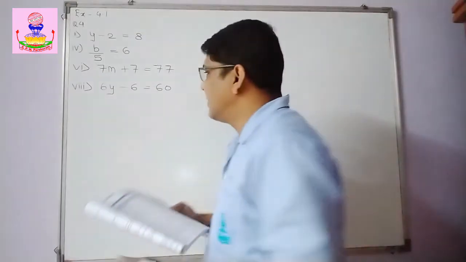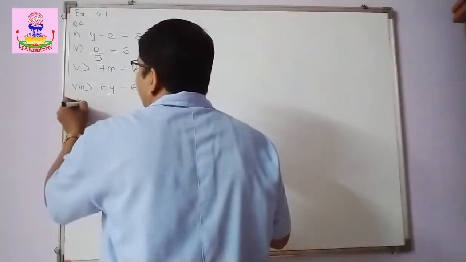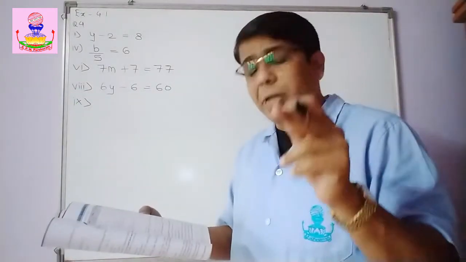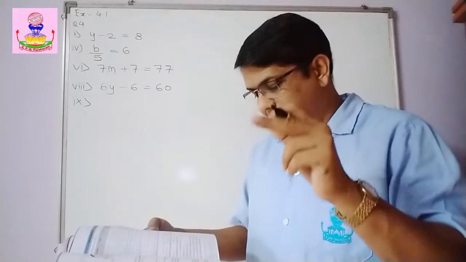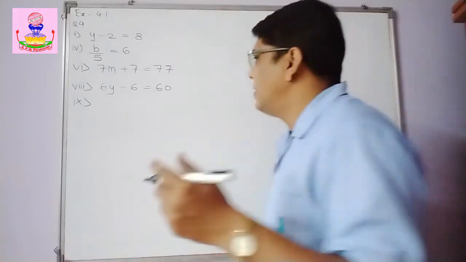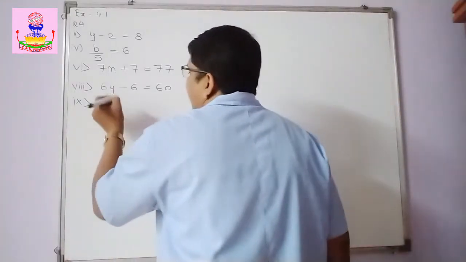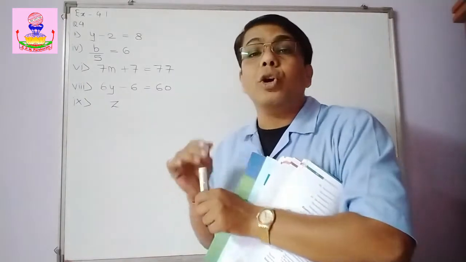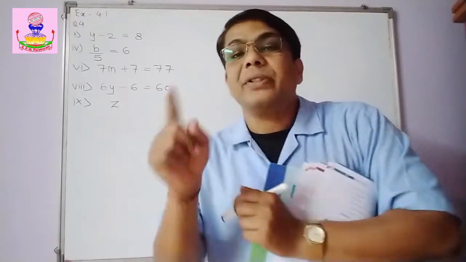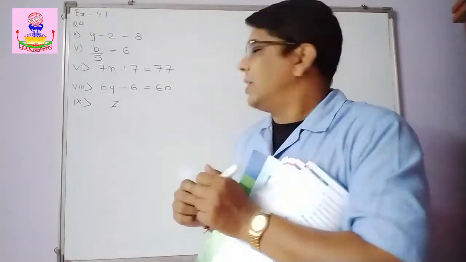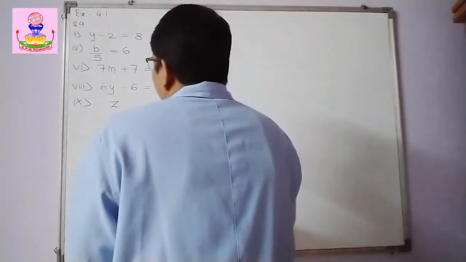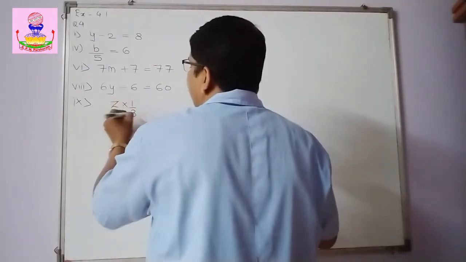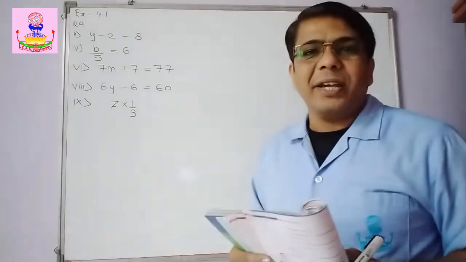So the ninth one. If you add 3 to 1/3 of z, you get 30. Now, the given number is z. You add 3 to 1/3 of z. 1/3 of z means z into 1/3.